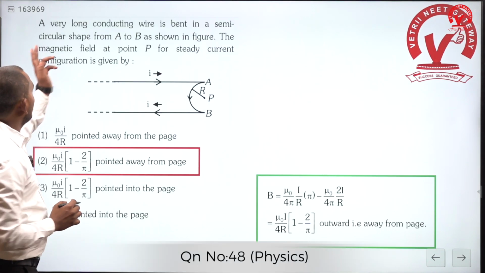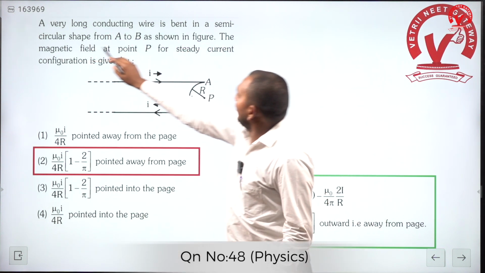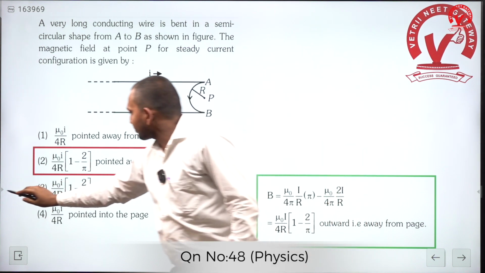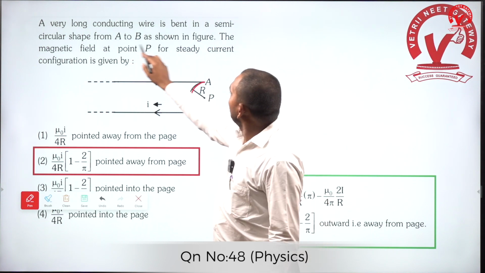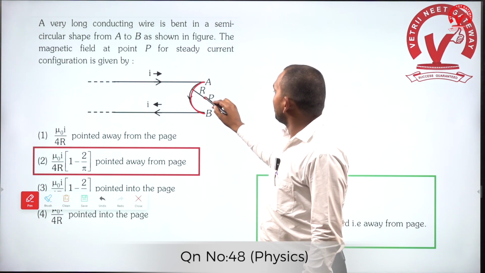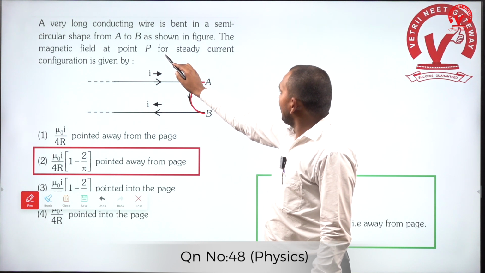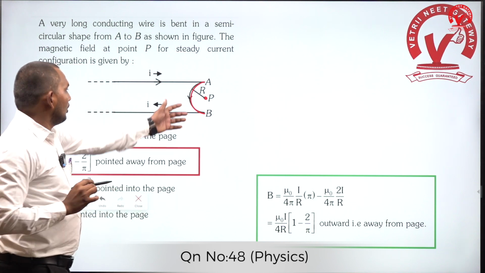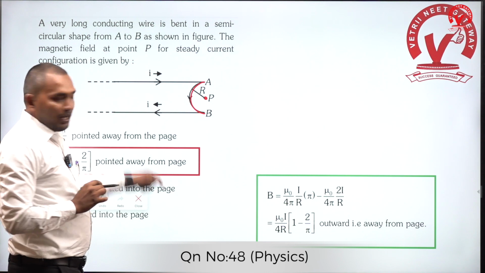Next question. A very long conducting wire is bent in a semicircular shape from A to B, as shown in the figure. They are asking to find out the magnetic field at point P for the steady current configuration. So we know the basic formula, when it is coming inside, when it is going outside.